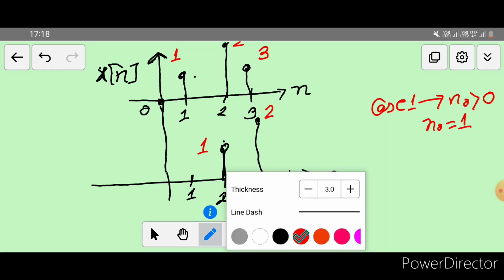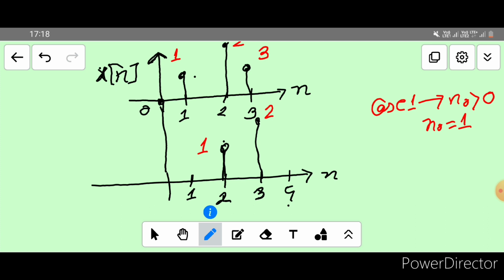At n equal to 4, we will get the value of x of 3, that is again 1. So this is our case 1 when n naught is greater than 0, that is n naught is equal to 1, and this is the time shifted version of xn by 1 unit to the right side.